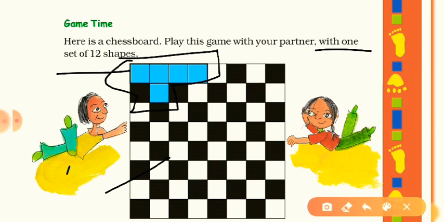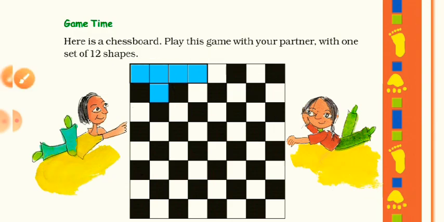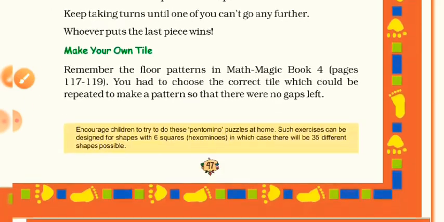For example, there are two friends A and B. A will put some pentomino shapes, and after A, B will also put some pentominoes, and at the end, whoever puts the last pentomino will win this game. He will be the winner. In this way you can play this game.